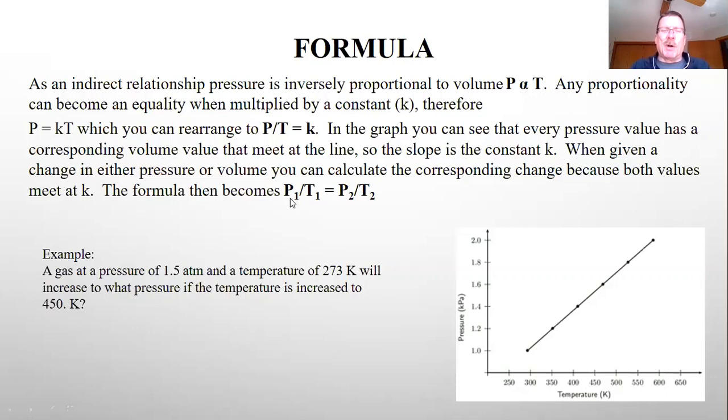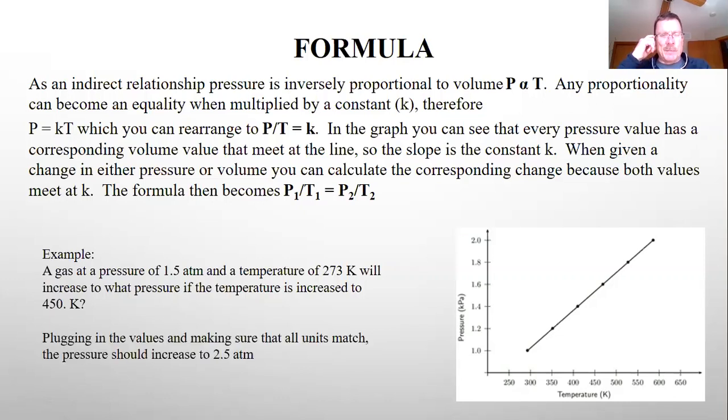Anyhow, so our P1 is 1.5. Our T1 is 273 Kelvin. Our T2 is 450 Kelvin. We're solving for P2. Plug it in, solve away, and if we do it correctly, then it should increase to 2.5 atmospheres. Now, you might go, well, 1 atmosphere, that's a lot.